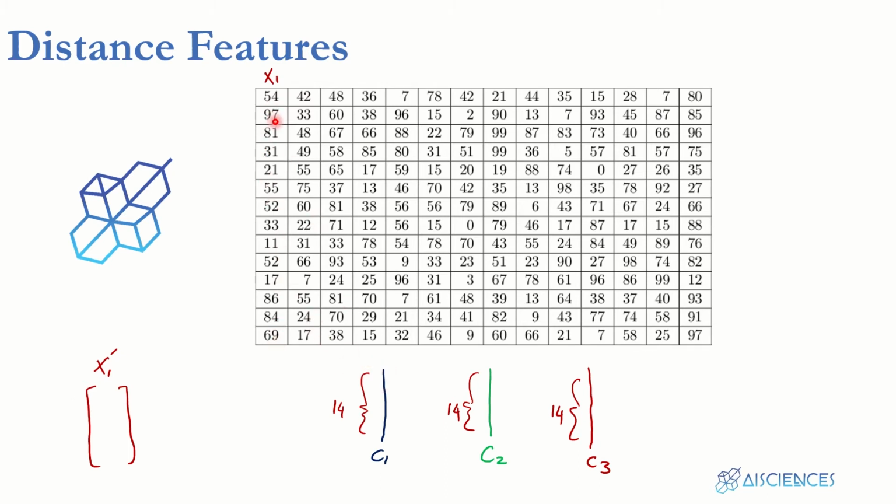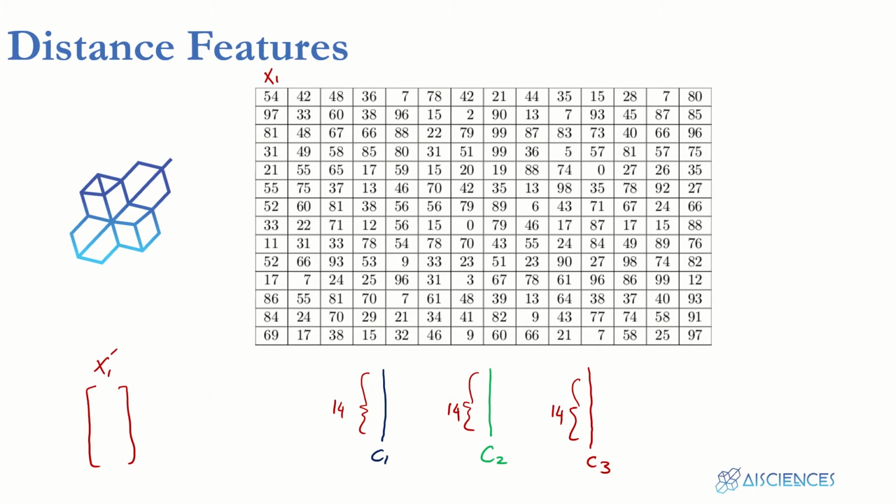After that, you will have 14 subtractions and their squares. Now you add them up, you will have one number at the end of the day. If you add all the squares of differences, you have one number, and then you take a square root, which finally gives you a final number, called the L2 distance or Euclidean distance.